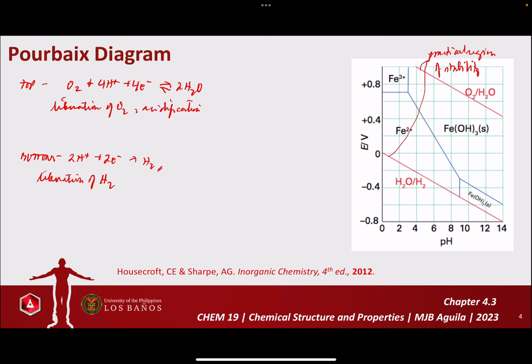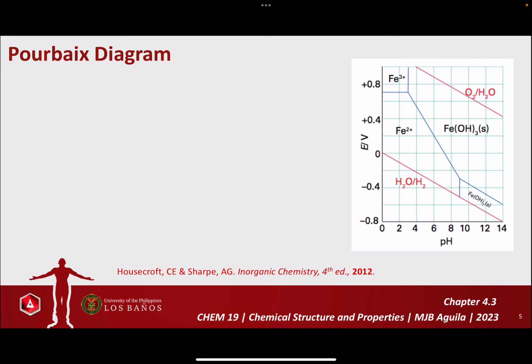So this equation will become very predominant and H2 will be liberated, and since H plus is being depleted into the medium, we have alkalization. So it becomes basic. So the thermodynamically stable region of water at 1 atm is in between the top and the bottom line.